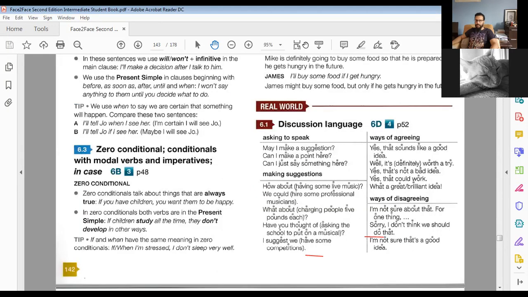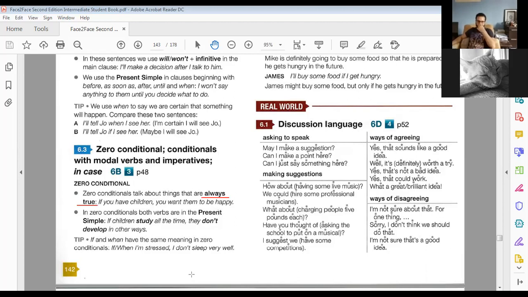Starting from here in the bottom left, can you see the bottom left? So these are, of course, the things we already answered. So zero conditional, it means we talk about things which? Always true. Yeah, facts. So we talk about facts. This is what we're saying here, right?